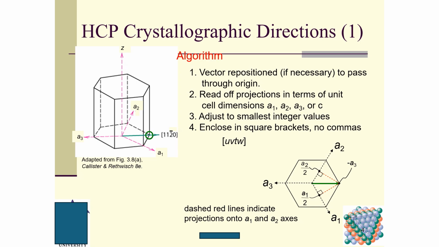Same thing here: the projection of this vector on the a1 direction, this length equals a1 divided by 2 also, because here is 30 degrees. So we have 1/2 a1, 1/2 a2, minus a3 and 0. Why is it 0? Because in the z direction we have 0, because I'm just talking about this vector which is located on the bottom plane.